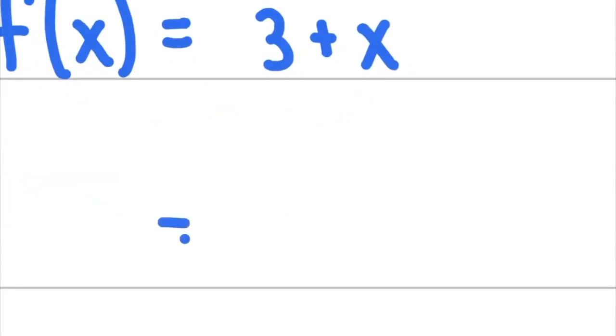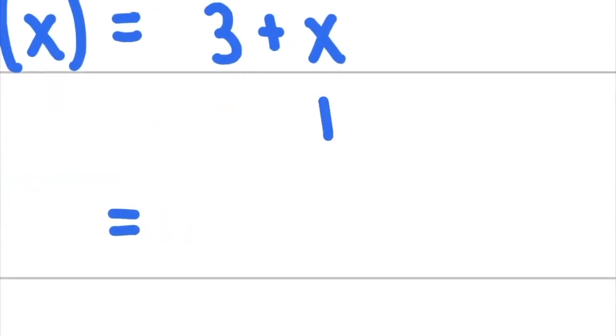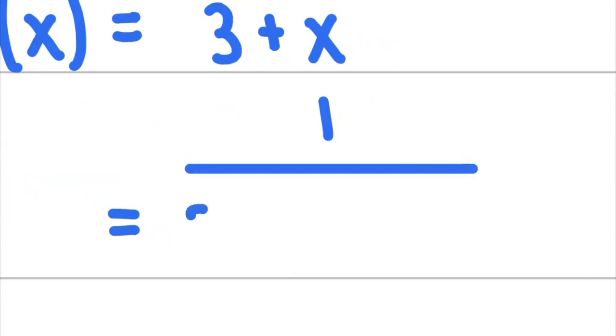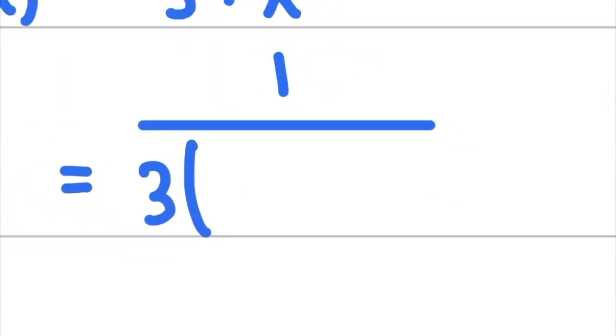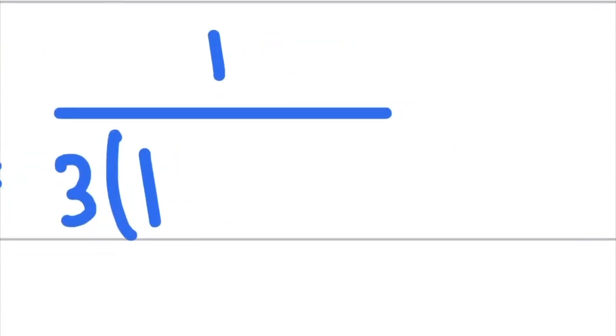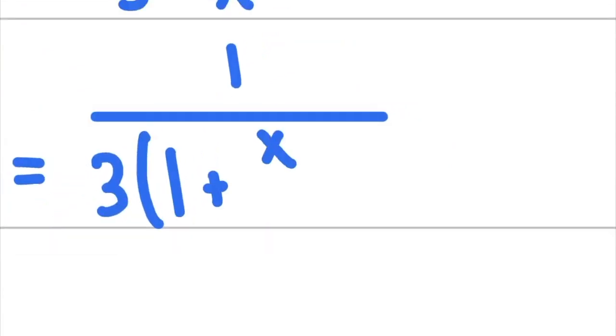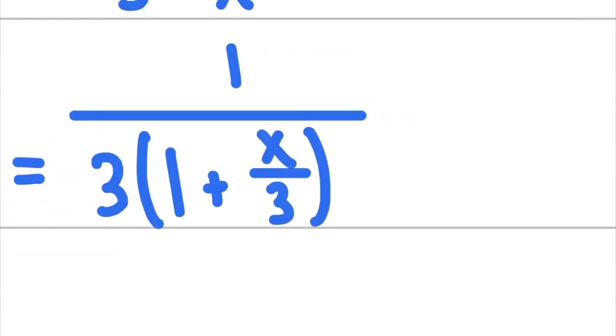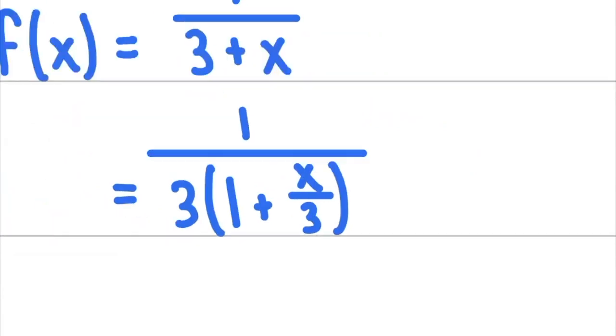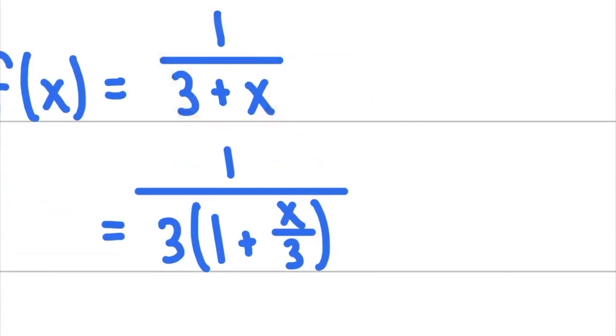So I'm going to put equals 1 over, and when I factor out the 3, this becomes a 1, just like I wanted it to be, and then plus x over 3. And you can check that this is equal to this by distributing. You'll get 3, and then you'll get back the x.